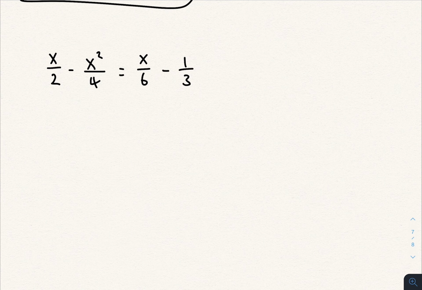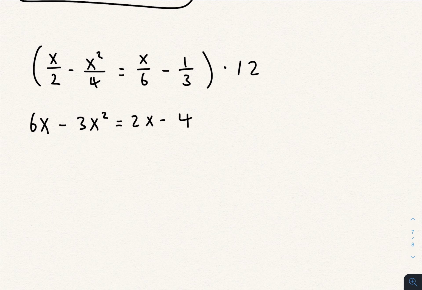In order to solve this one, I would want to get rid of the fractions first. So we're going to multiply this entire thing by 12. This would get rid of all the denominators, right? So the first term would be 6x, the second term would be 3x squared, equals 2x minus 4.